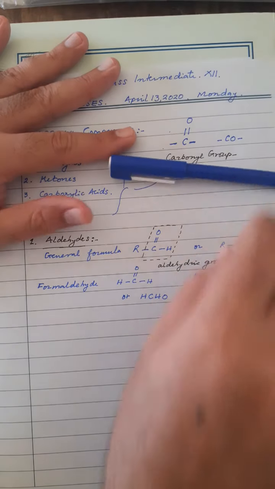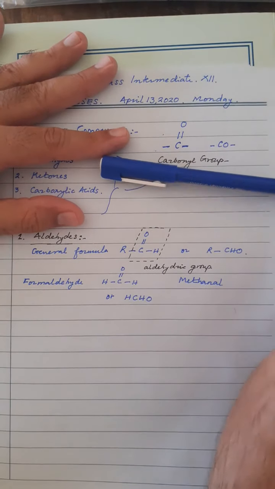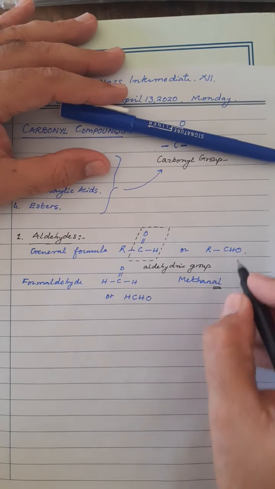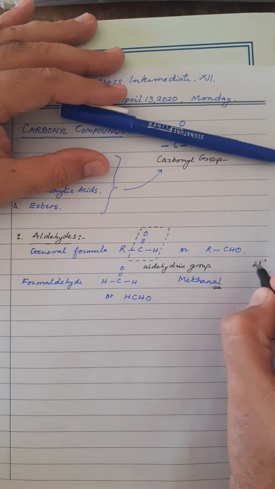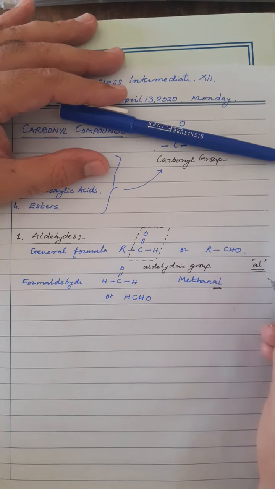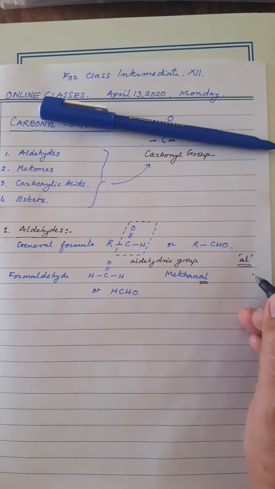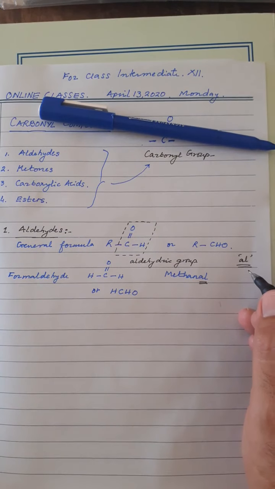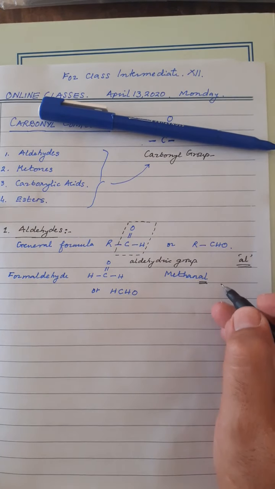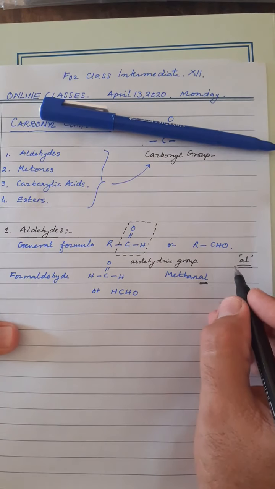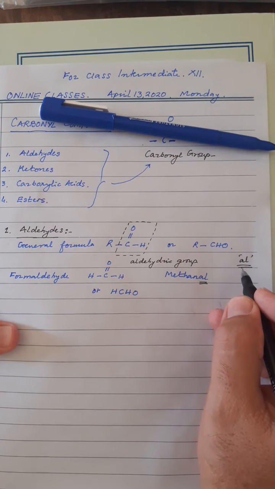Al is the suffix for aldehydes, right? Alcohols, their suffix is ol, alkenes, their suffix is ene, alkynes suffix is yne, aldehyde suffix, the name will end at al.